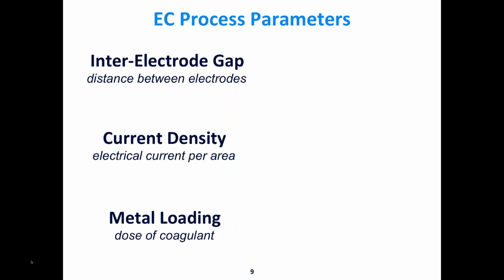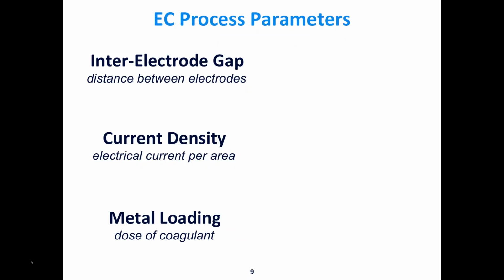I mentioned before the three parameters we were looking at. Inter-electrode gap is just the distance between the electrodes, the gap between each electrode. The current density is the absolute current provided to the system from the DC power supply divided by the electrode surface area.